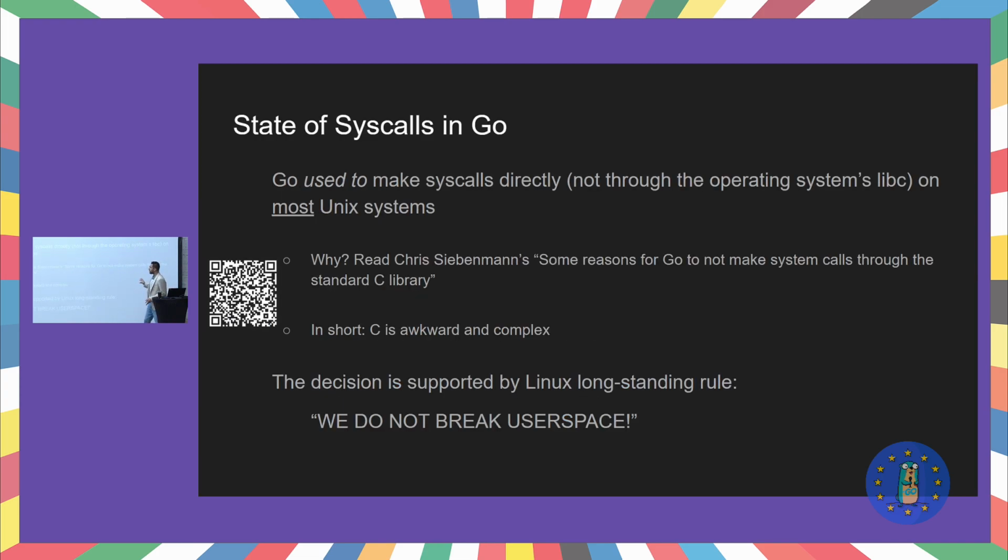Now, in the early days of Go, syscalls were implemented directly in Go. In other words, it was stated as such: Go used to make raw syscalls to the operating system. That was in most Unixes, and there is a good reason for that.